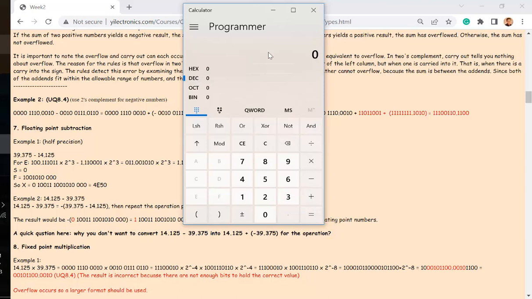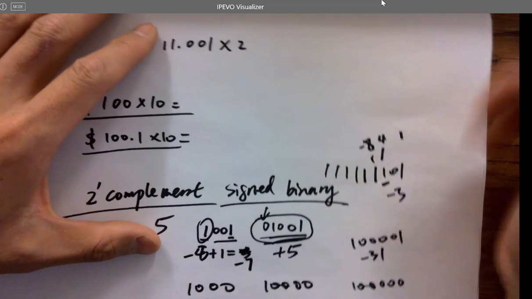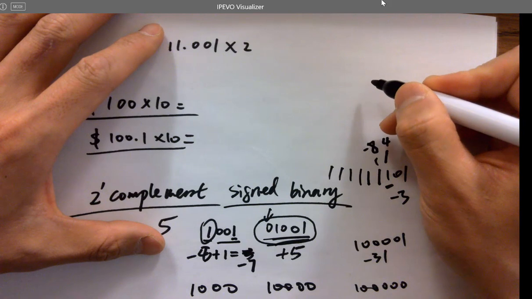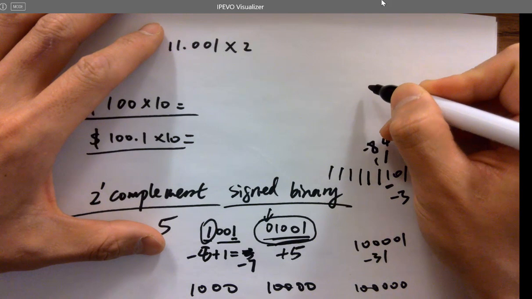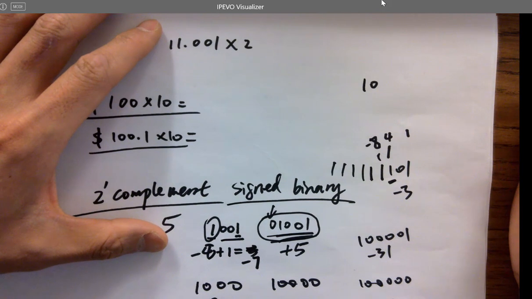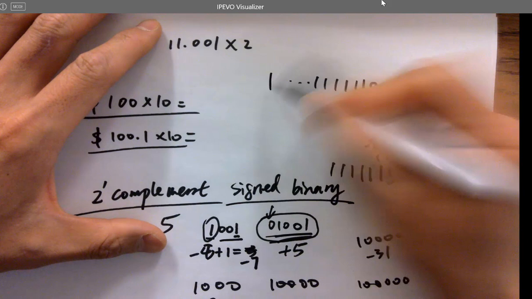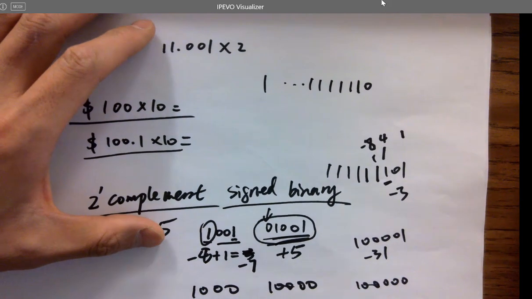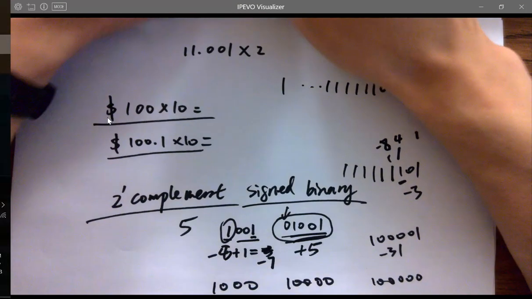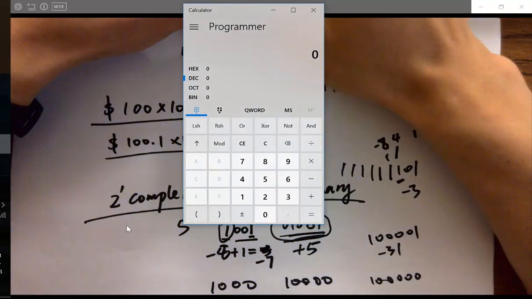Let me know what is negative 2 in 2's complement. Negative 2 is this, right? It should be negative 2, it's going to be negative 2 forever. Let's try it. Let's use 2 minus 4.